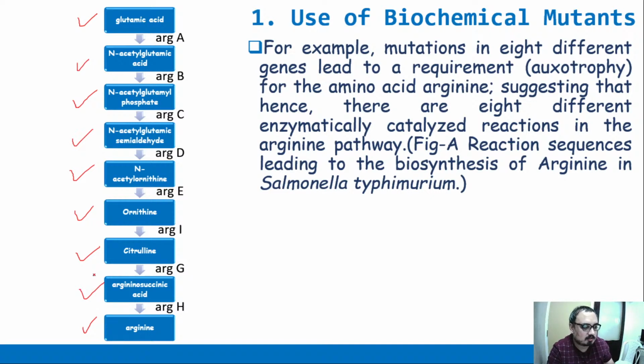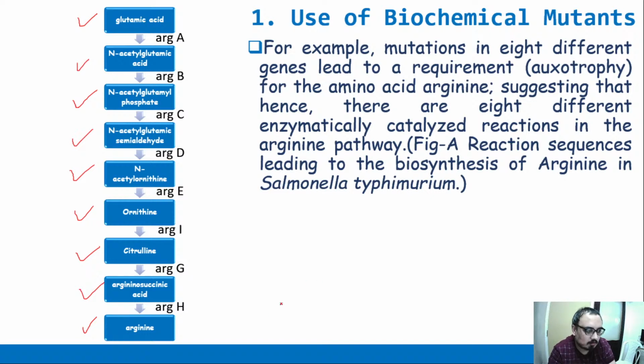So this is just a pathway, and there are a variety of enzymes which are responsible for the pathway. Here is the list of enzymes, or genes, such as arg A, B, C, D, E, I, G, H.